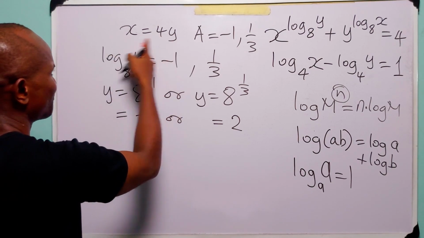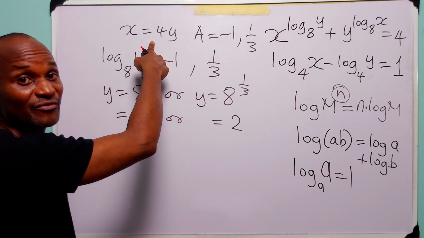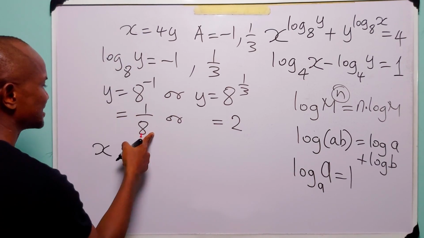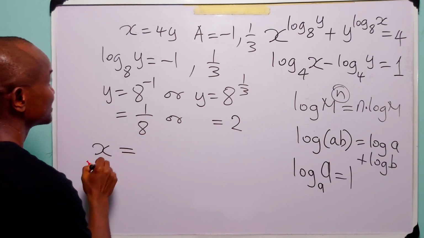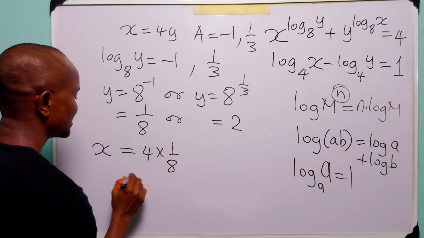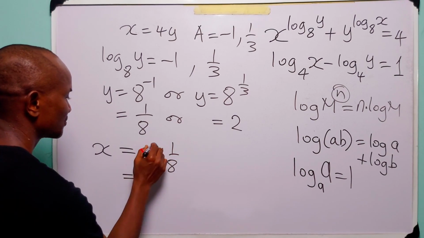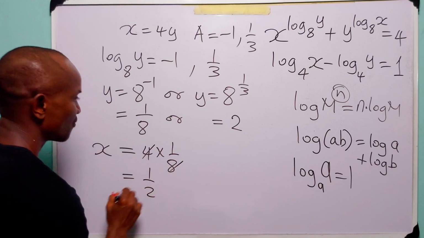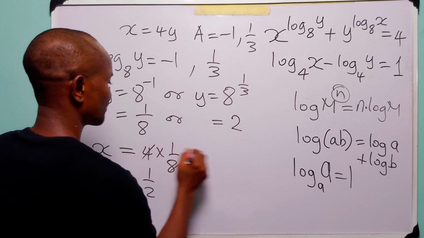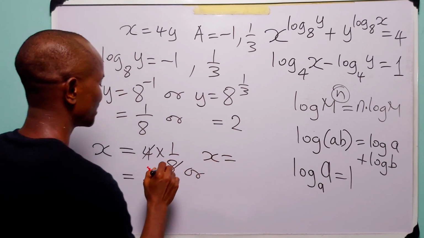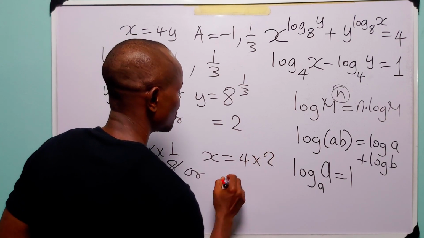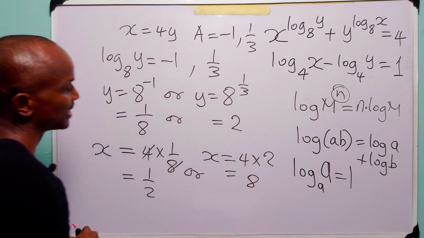And of course, let us come back to this equation to find the values of x. Now, when y is equal to 1 over 8, x is going to be equal to 4 times 1 over 8, which is equal to 1 over 2. And when y is equal to 2, x is going to be equal to 4 times 2, which is equal to 8.